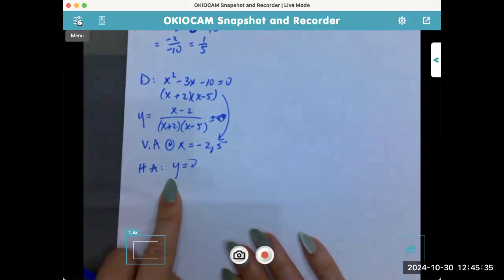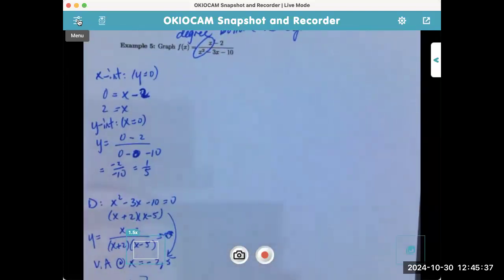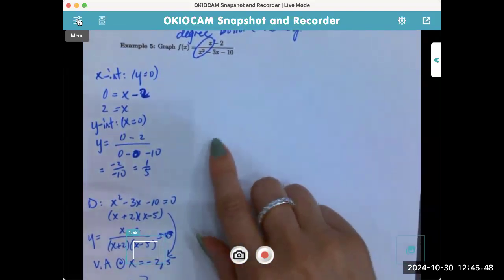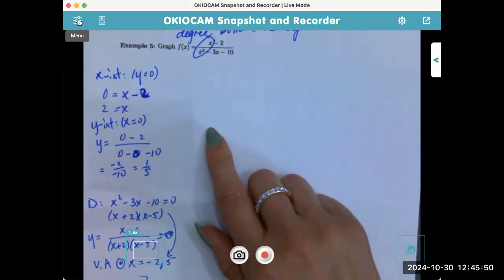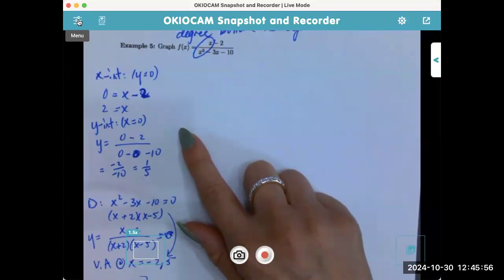So now let's plop all of this stuff on here. I'm going to cheat and look to see what the graph looks like on my calculator so that I can draw you a pretty graph, because that last one, oof, not my favorite.